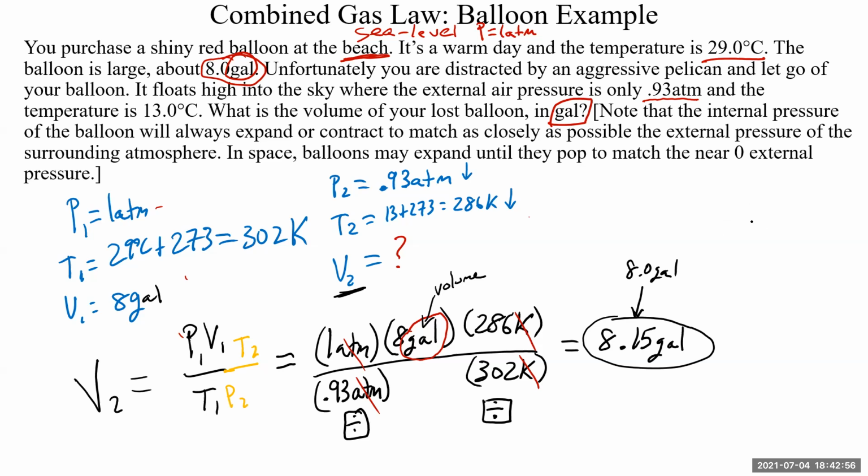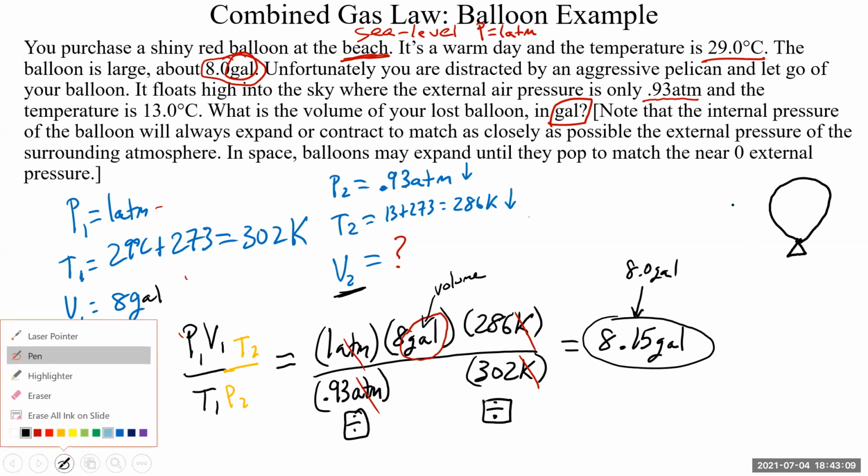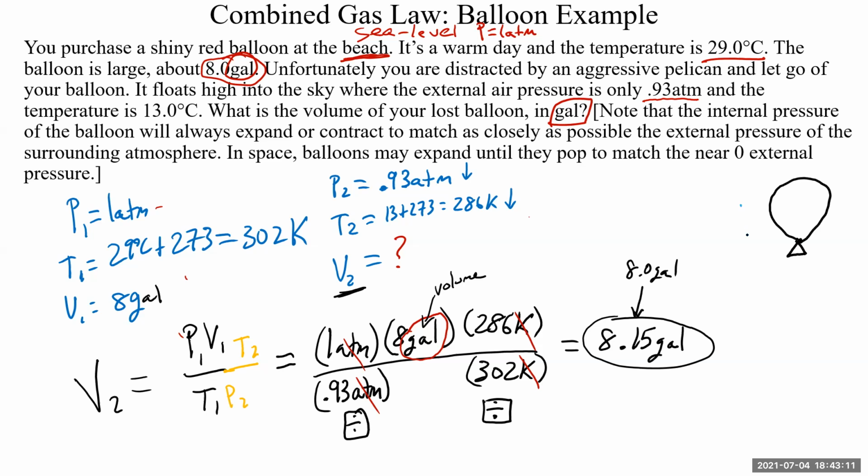So what happened is the temperature drop. Let me just color code this for you. Temperature went down, so the balloon would shrink. But pressure also went down even more.